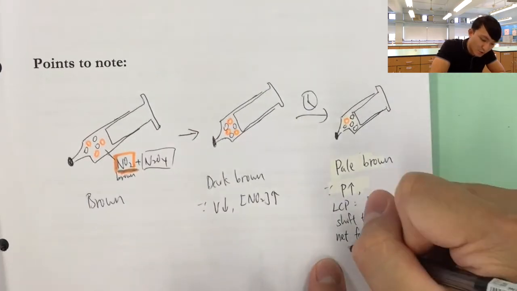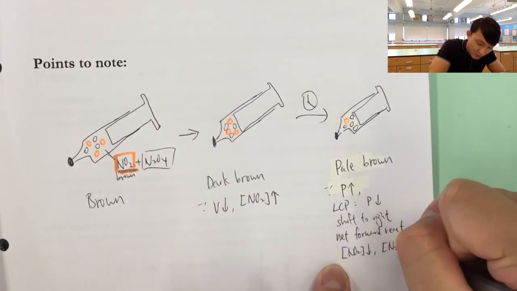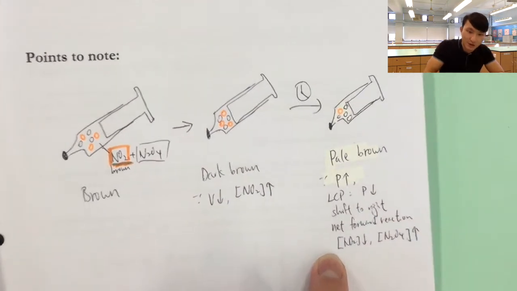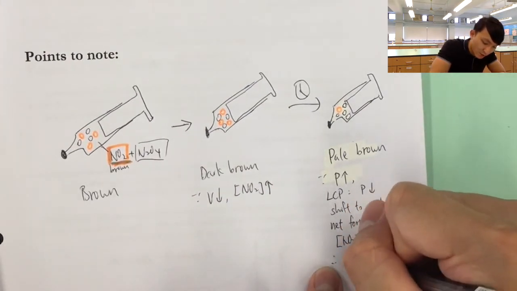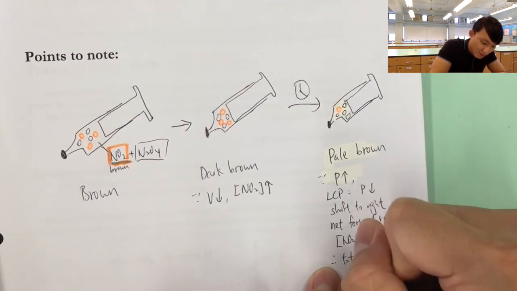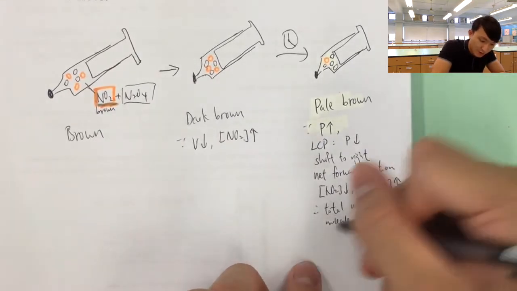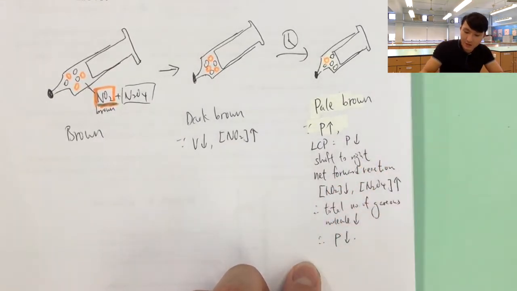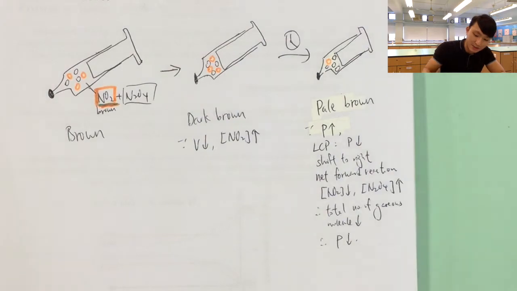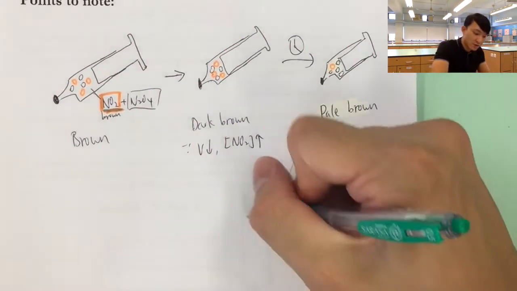NO2 decreases, N2O4 increases. So the total number of gaseous molecules will decrease. Therefore, the pressure decreases, and this is exactly counteracting the change.